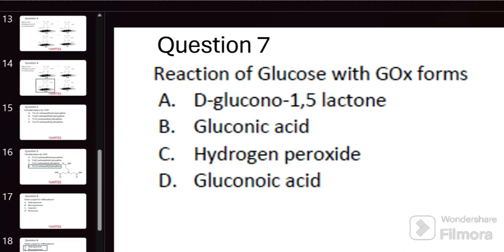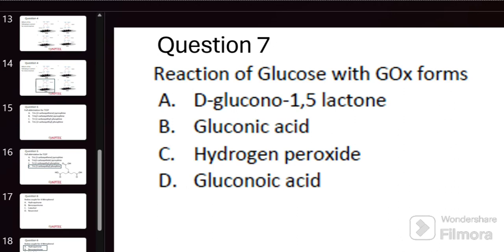At the platinum electrode, H2O2 oxidizes and releases the electrons. So what we are detecting in the home glucose sensor is the hydrogen peroxide. We are not detecting glucose directly. We are detecting hydrogen peroxide at the platinum electrode.